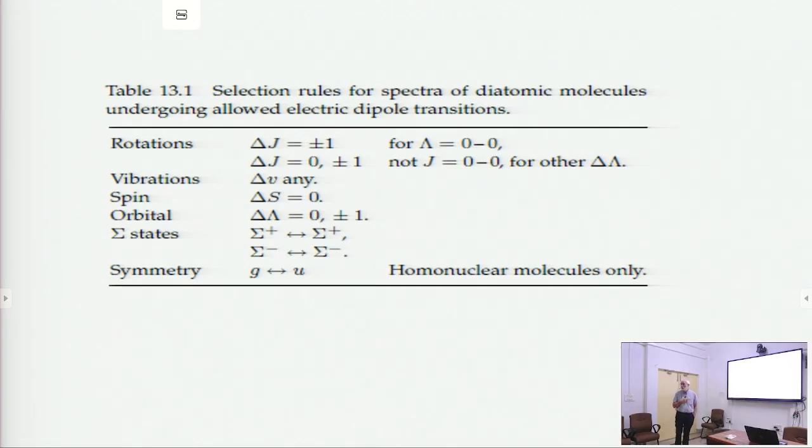Basically, we only need to consider delta S equals 0 transitions. There are some examples. Actually, the most prominent one is oxygen in our Earth's atmosphere, where the ground state is a triplet. The first two excited states are both singlets, and they're metastable, and they do decay down to the triplet, or they do absorb upwards to singlet.